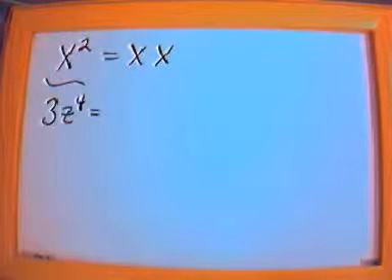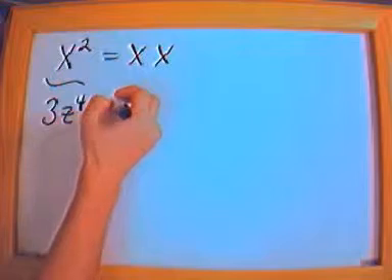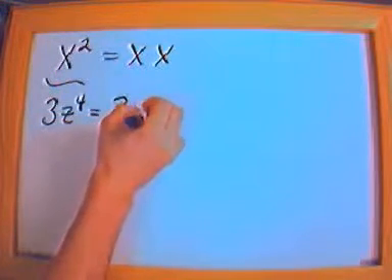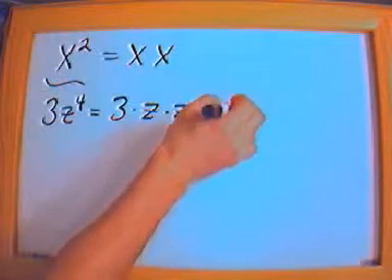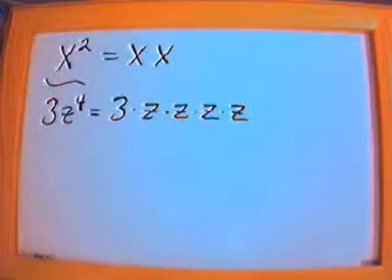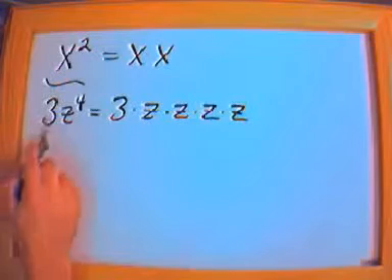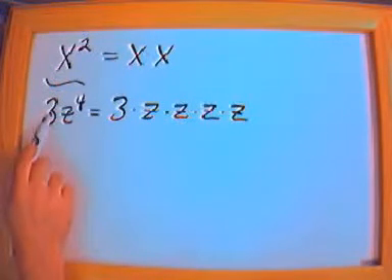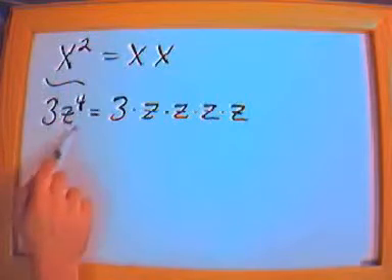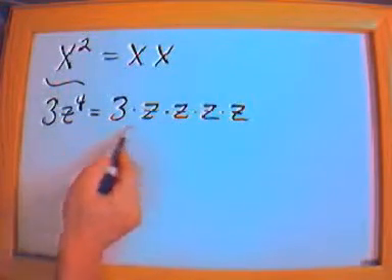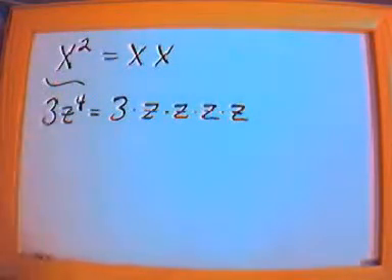All of the factors that make up this, if we write all the factors out, are 3 times z times z times z times z. So if they ask you to write the product of the factors, all you've got to do is expand the thing out. You've got a 3 there, multiplied by z to the 4th. Z to the 4th is simply represented as z times z times z times z. So this is actually equivalent to that. They're exactly the same thing, no difference.